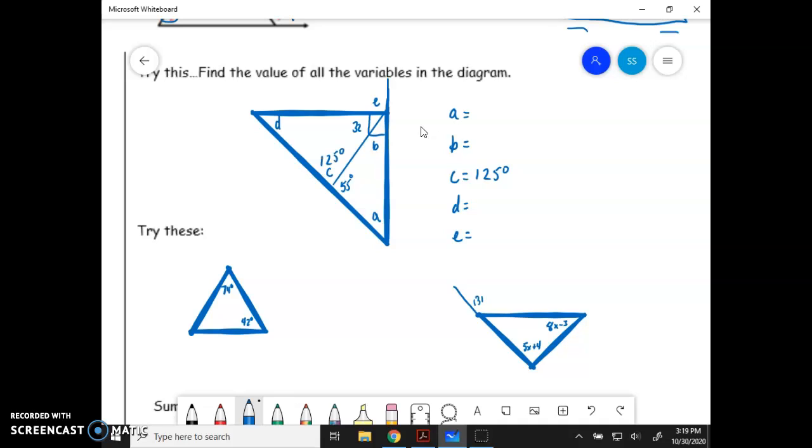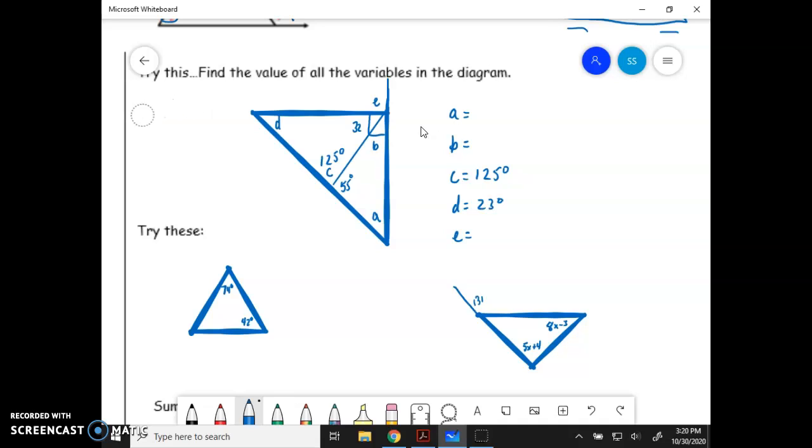125 degrees. All right, so I'm going to write this in here too. We got 125 degrees. Now I see that I have this triangle here, DCE, and I know that the interior angles all add up to 180. So if I do D plus 125 plus 32 is equal to 180 and solve for D, I will get 23.